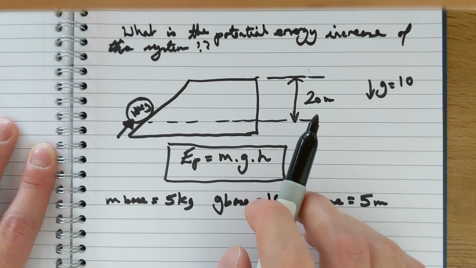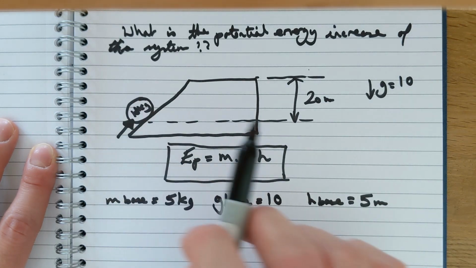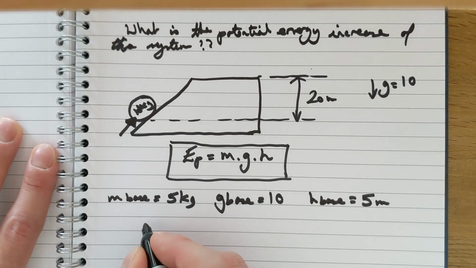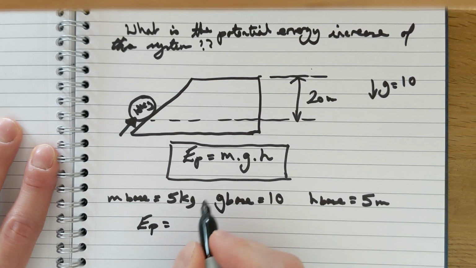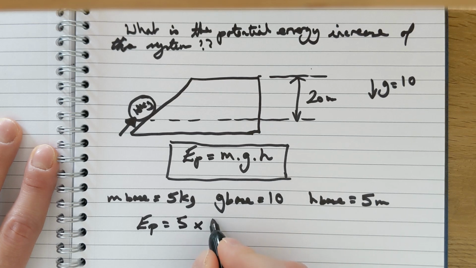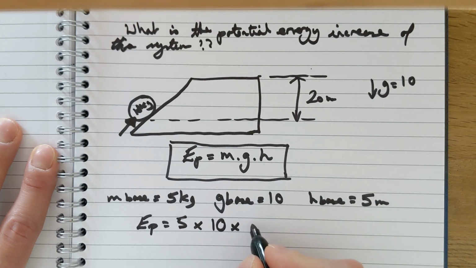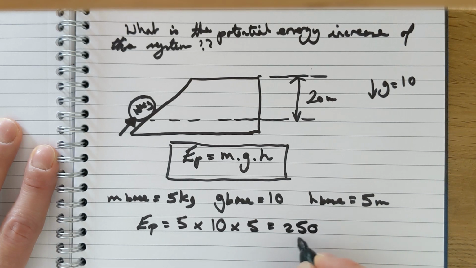Before we convert the values we've been given into per unit, we will calculate our final base, which is the potential energy base, because we might need that later. It's the base of our mass, which is 5, times our gravity base, which is 10, and our height base, which is 5 again. So that would be 250 joules, our base for potential energy.